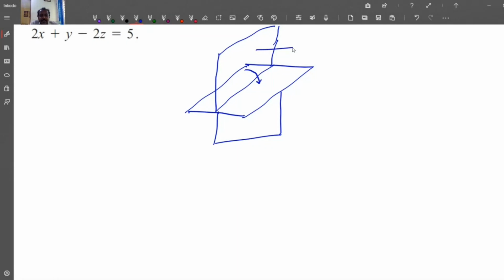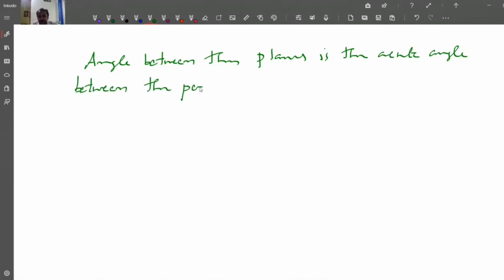It is the same as the angle between the perpendiculars. So you shift the perpendicular in this way, and you can see that this angle is the same as this angle. The angle between the planes is the acute angle between the perpendiculars to the planes.